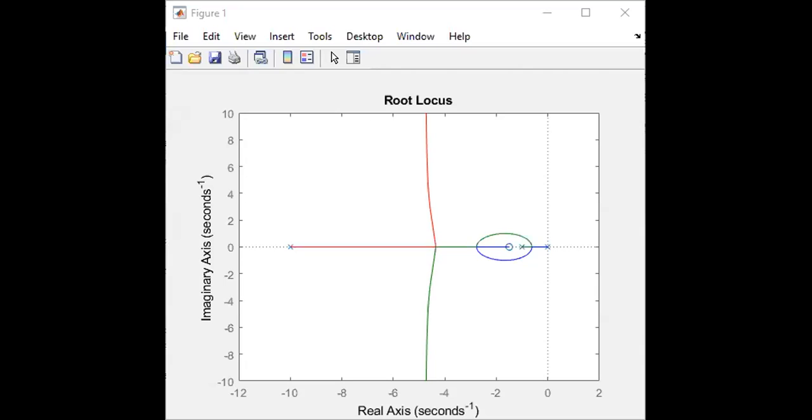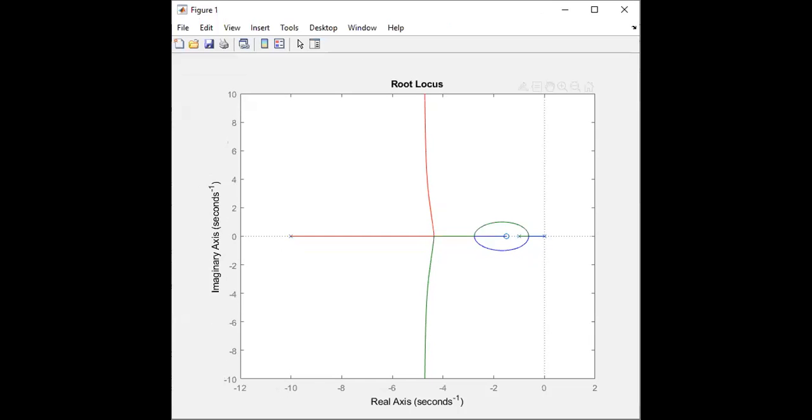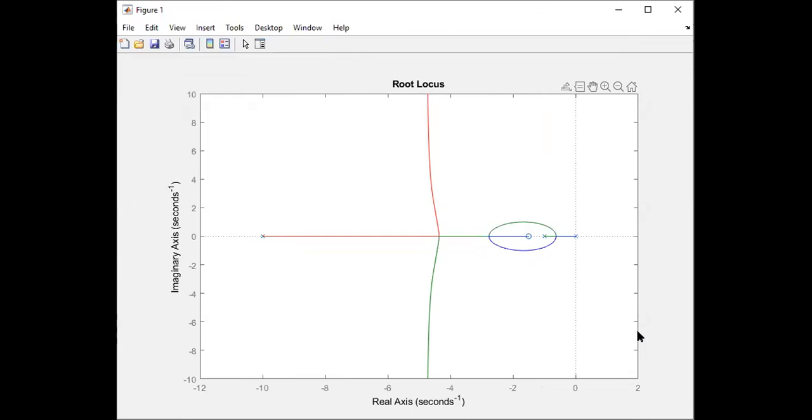Is it in any way closer to our imagination? Definitely not. As you can see, one is going vertically up and the other one is going vertically down, no question about it. But they are not starting from in between those two poles. We predicted that they would start in between these two and go up and down, but this is not what is happening.